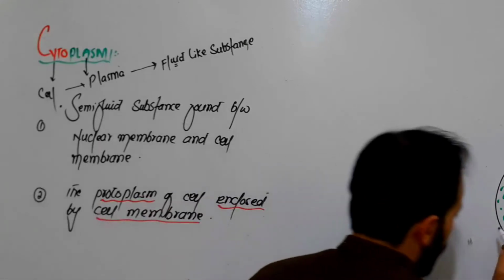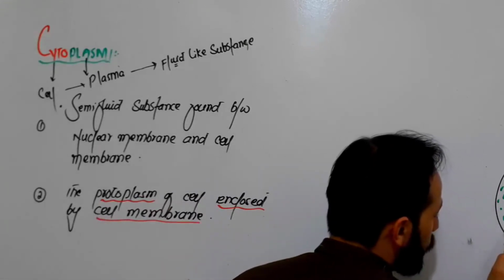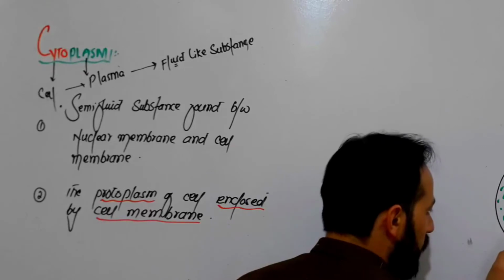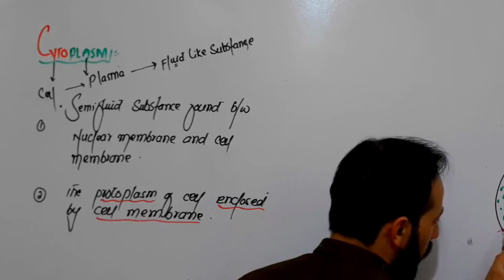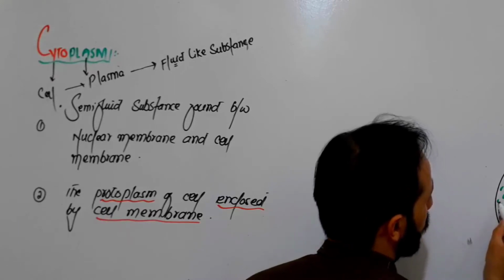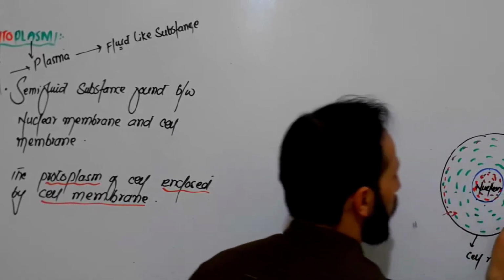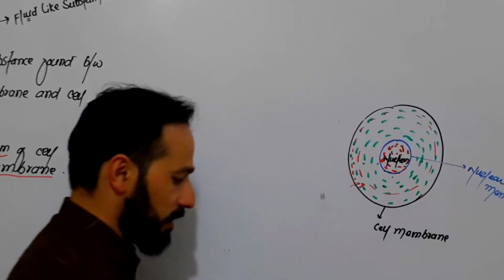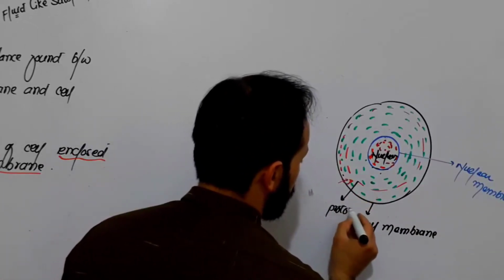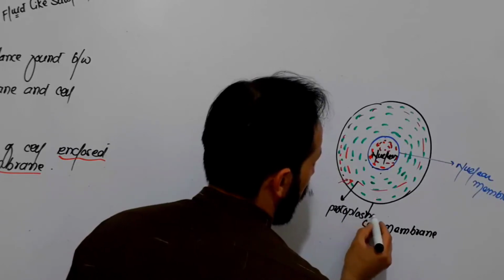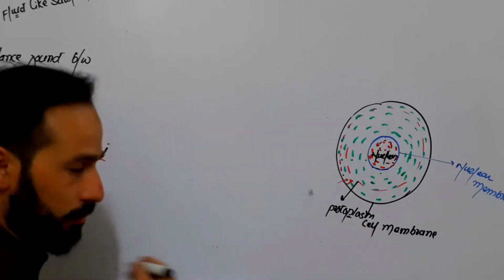Look carefully. If we step inside the cell and cross the cell membrane, we will find a semi-fluid like substance, and that substance we call the protoplasm. I will differentiate between cytoplasm and protoplasm right now.